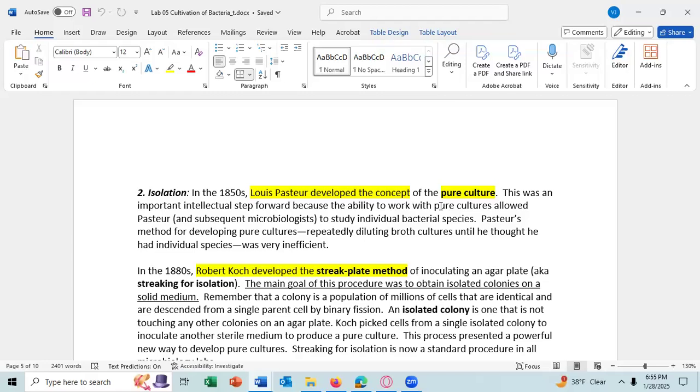And then he took from one isolated colony, streaked it out on a second plate to once again get isolated colonies. If you took cells from one colony on the second plate, cells that went through 2 colony isolation events, then there's a very high chance, greater than 95%, that you will have a pure culture.